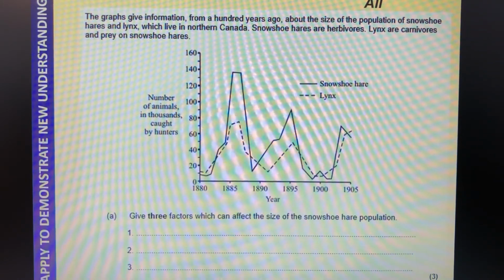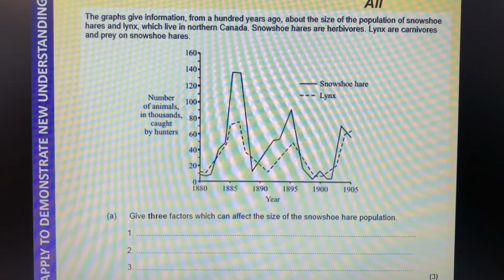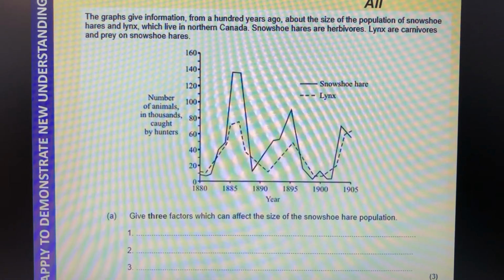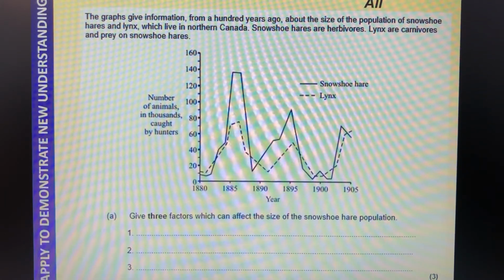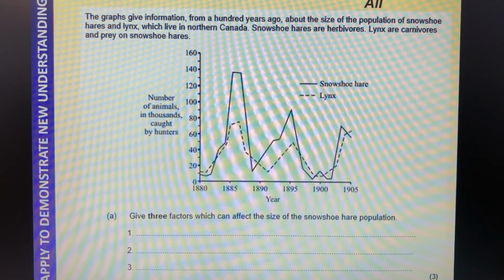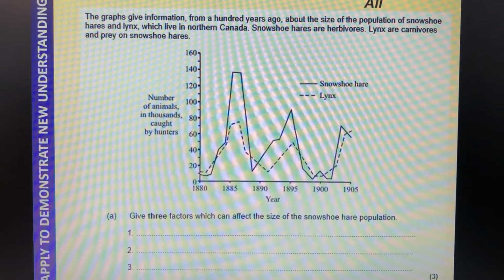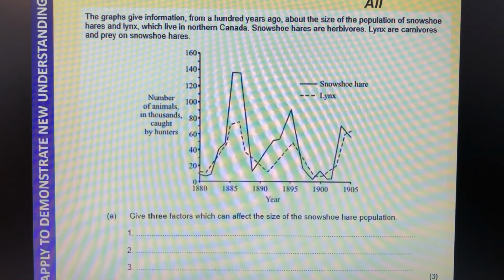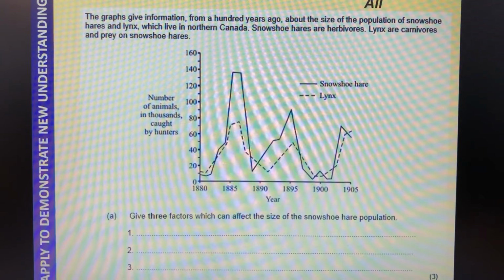There will be other factors that will affect the distribution. So, give 3 factors which can affect the size of the snowshoe hare population. Okay, so think about the things we've talked about and what could impact them. Also thinking from our abiotic factors from the previous lesson. Okay, have a pause there to finish that question off, please.